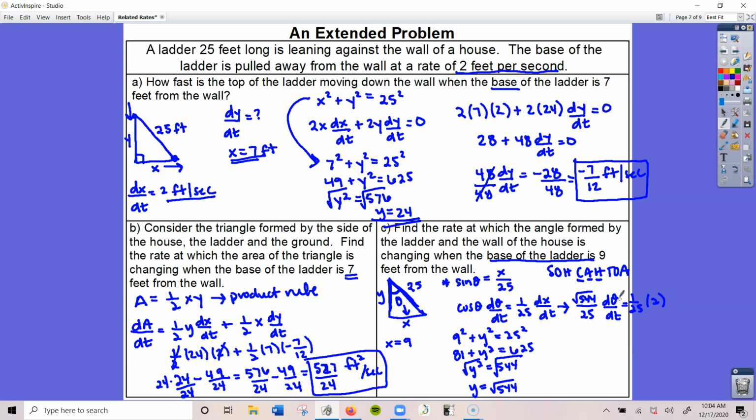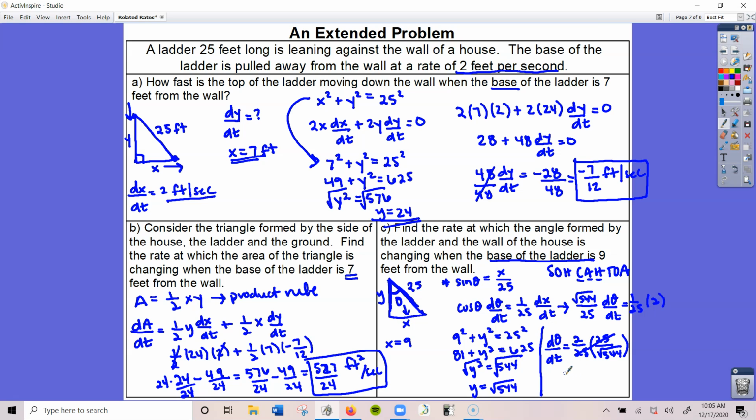And now to solve for d theta dt, we would multiply by the reciprocal of that fraction. So d theta dt is going to equal 2 over 25, which is what I have here, times the reciprocal of this, which is 25 over the square root of 544.